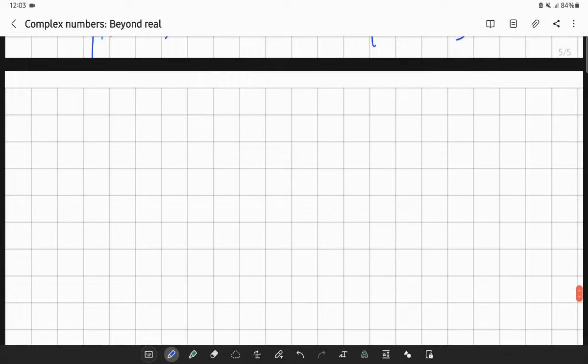Okay, as an application of this, let's see z times e raised to i theta, where e raised to i theta is another complex number. I want to show you what happens when I do z goes to iz. So i times x plus iy is equal to minus y plus ix.